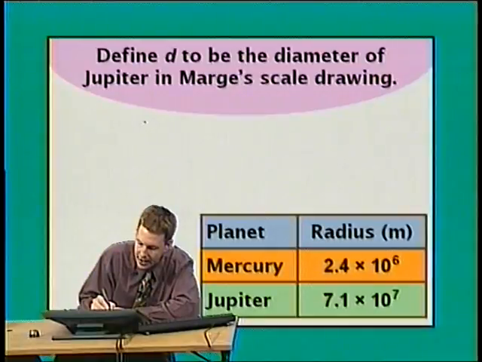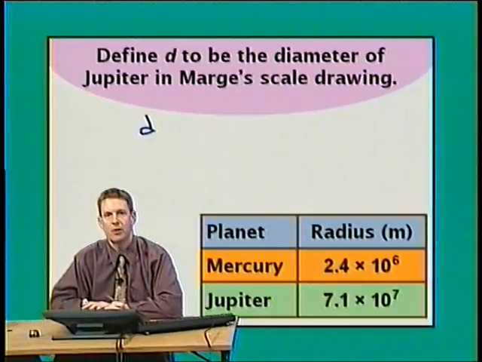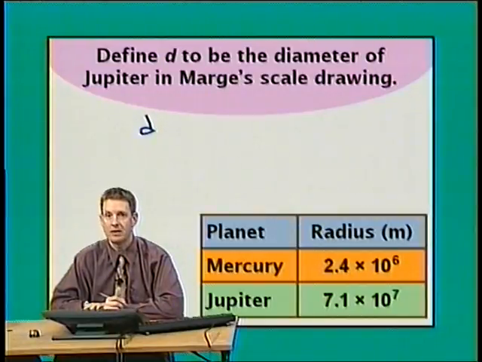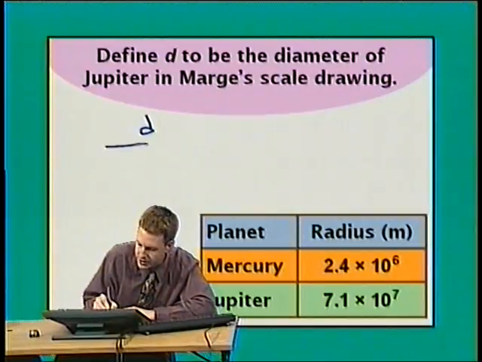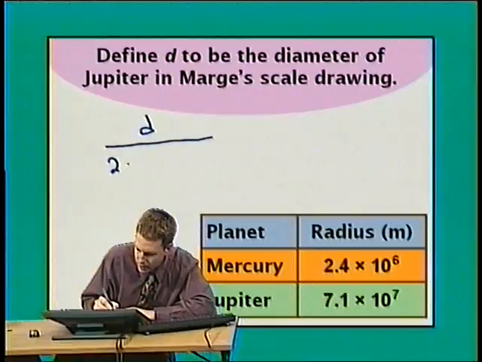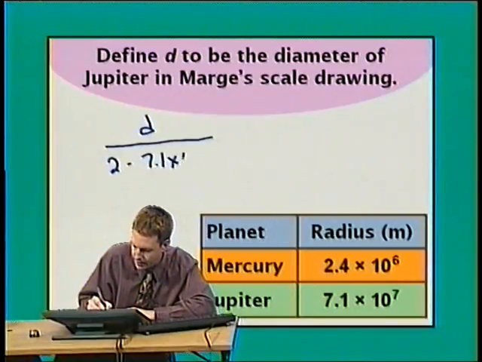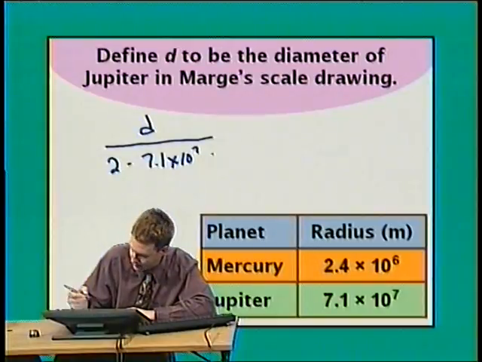Let's take the diameter of Jupiter in Marge's scale drawing, and let's divide by the real diameter of Jupiter, which is 2 times 7.1 times 10 to the 7th meters.